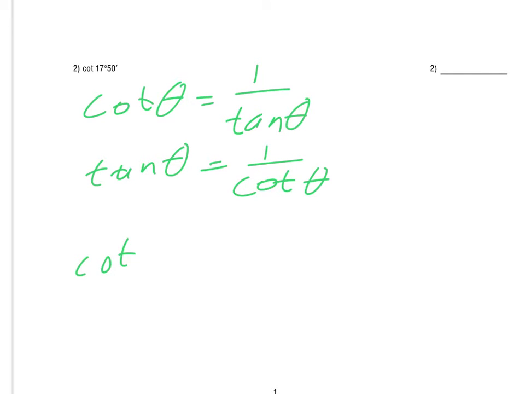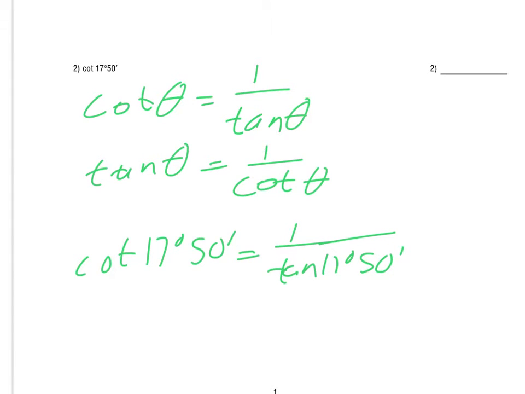So cotangent of 17 degrees 50 minutes equals 1 over the tangent of 17 degrees 50 minutes. And from there, it's just a matter of typing that into the calculator. And so that turns out to be about 3.108421, and that 0 is important because it shows that we went to 7 decimal places.